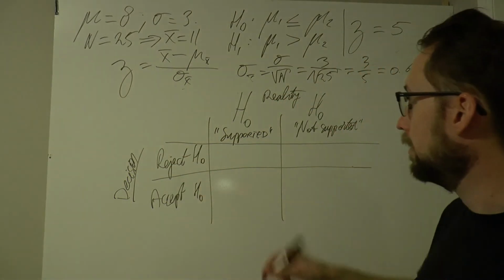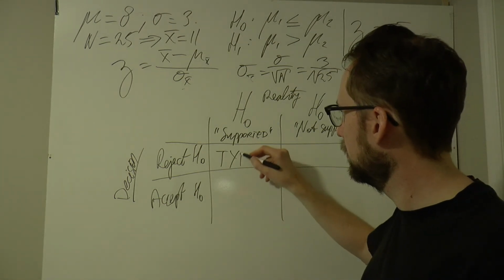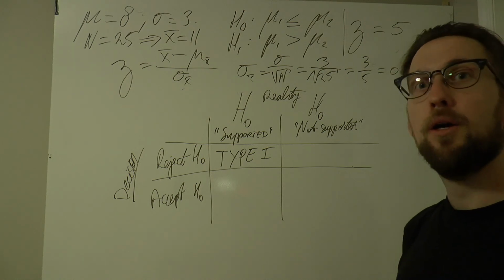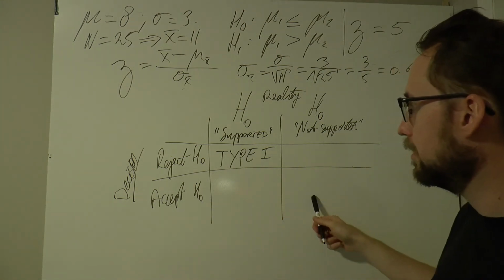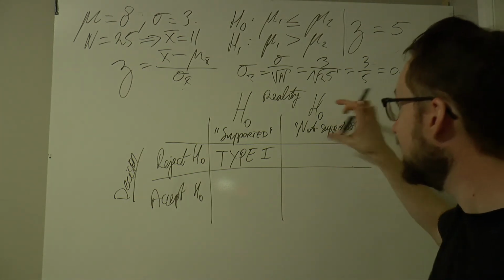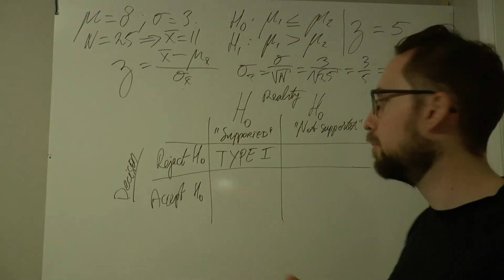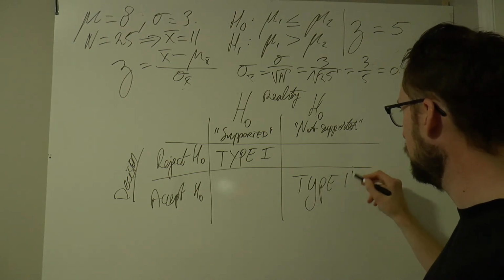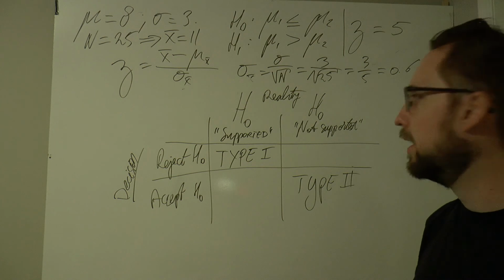I rejected the null, but in reality it was true. Type 1 error. I could have done the opposite. I could have accepted the null, well in reality it's not supported. So in reality there is a difference between the anxiety score in my sample and the population. But I have said, no, there is no such difference. That is a type 2 error.